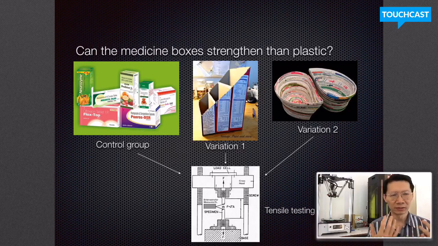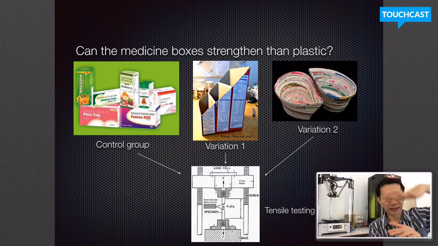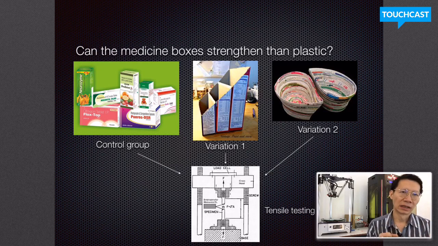The way you do it is maybe using tensile testing. As you can see in the picture below, it is a machine that presses and measures the strength of the material, like a cardboard in version 1 and a bowl in version 2.